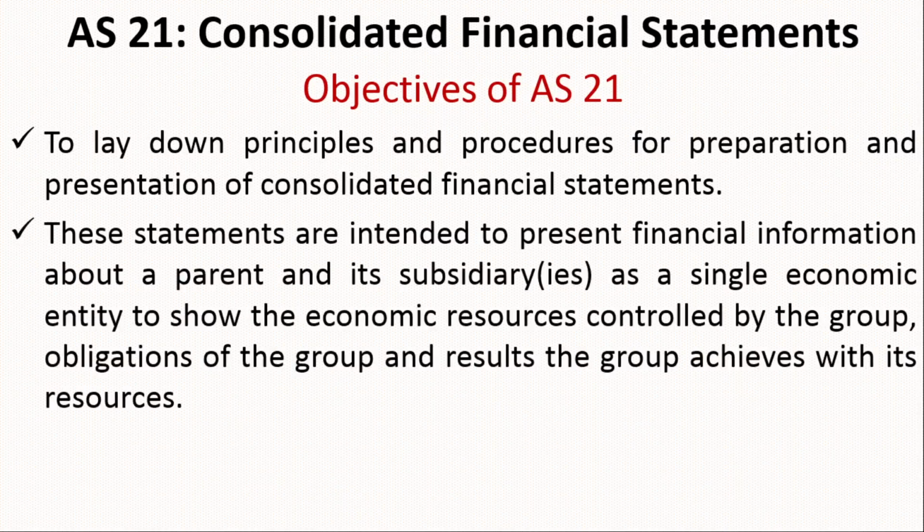The second one is that the statements are intended to present financial information about a parent and its subsidiaries as a single economic entity, to show the economic resources controlled by the group, the obligations of the group, and the results the group achieves with its resources. So these are the two objectives of AS21, that is consolidated financial statements.